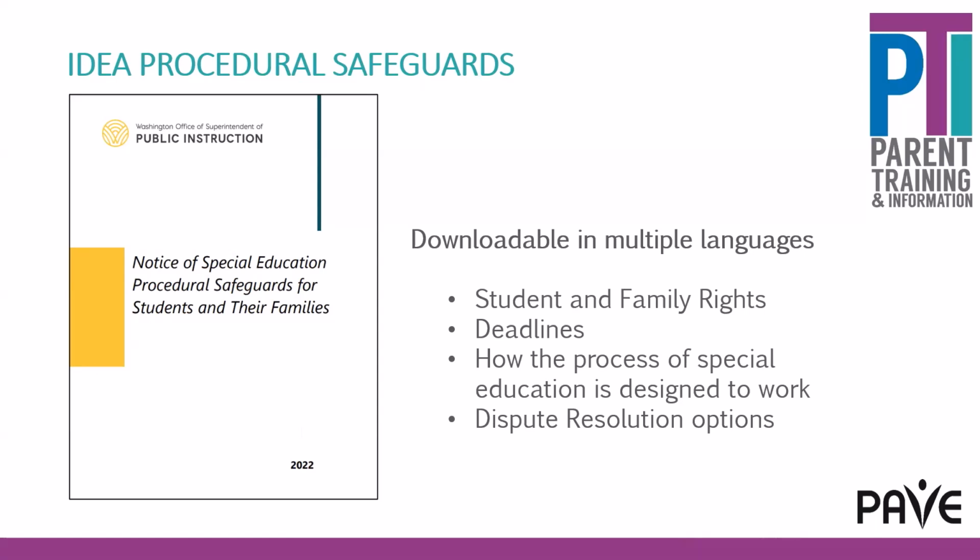The procedural safeguards describe dispute resolution options that are available for families. Our next slide will give a high-level overview of those options. It's in your best interest to read your procedural safeguards and ask the school questions about any parts that you don't understand.